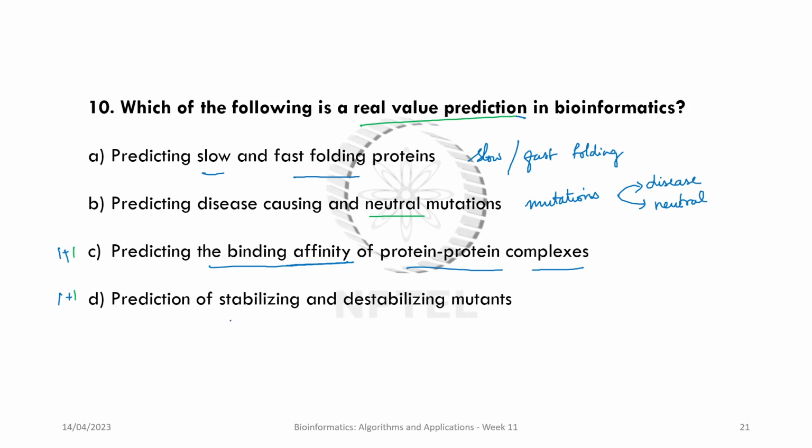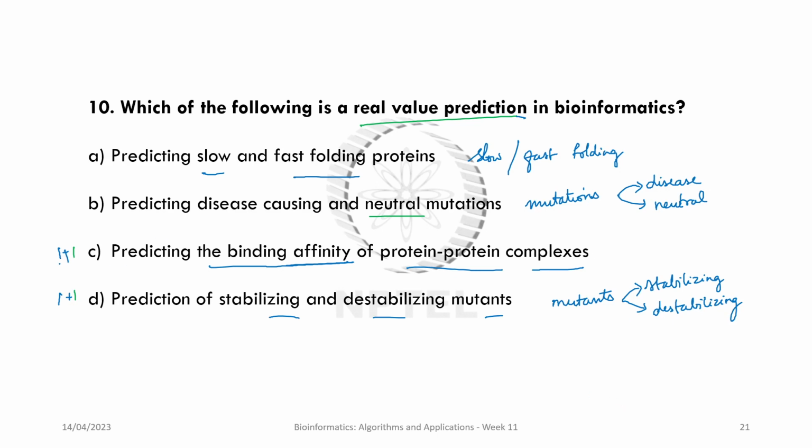Option D, prediction of stabilizing and destabilizing mutants. Although the degree of stabilizing or destabilizing might differ, again, you are classifying mutants into stabilizing or destabilizing.